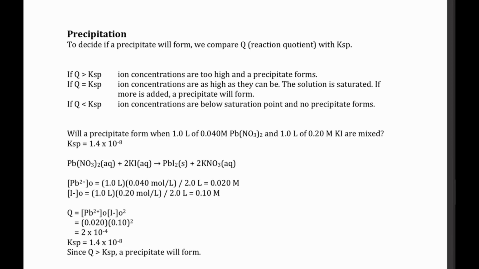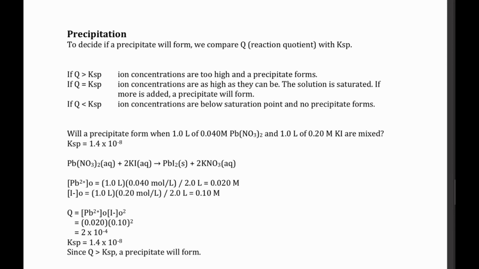For the iodide initial concentration, we take its volume, 1.0 liters, times its molarity, 0.20 moles per liter, divided by the total volume after we mix those two, 2.0 liters. We get 0.10 molar. Basically, we are diluting each solution by a factor of 2.